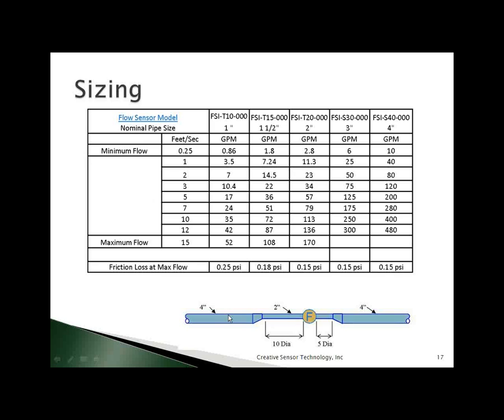This means even in a 4-inch line, if you're reducing to a 2-inch meter, again to pick up this 2 to 3 gallon a minute low flow range, then you want to make your changes in pipe size back here about 10 diameters upstream, meaning 20 inches, and 5 diameters downstream, meaning 10 inches down here. So this meter run, as we call it, is going to be somewhere around 30 inches long. So again, just touching on that, size them for the flow range rather than sizing them for the pipe size.